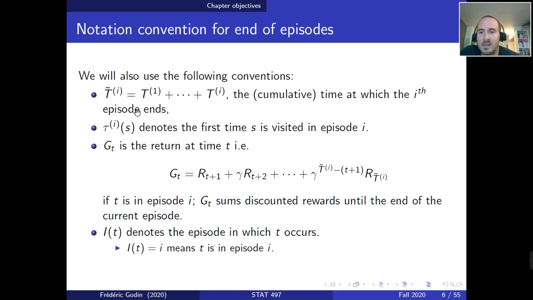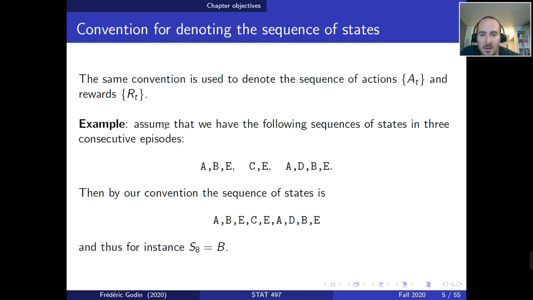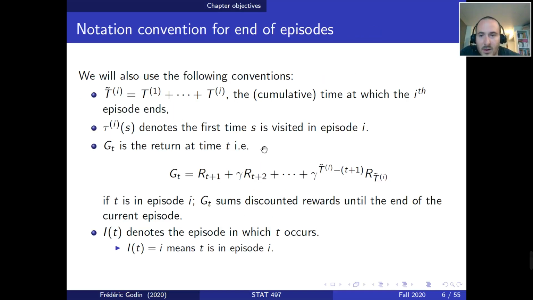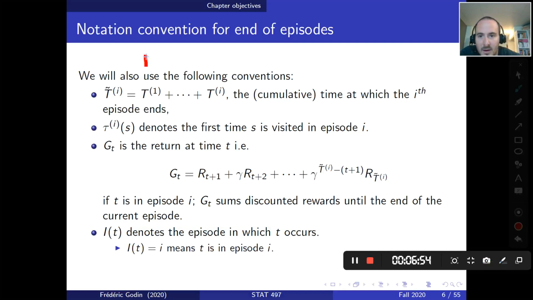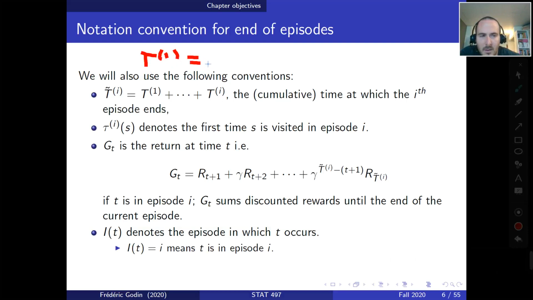Okay, so let's go back to our previous example, where we had episodes of length 3, 2, and 4. In the previous example, we would have T1 equal to 3, T2 equal to 2, and T3 equal to 4.